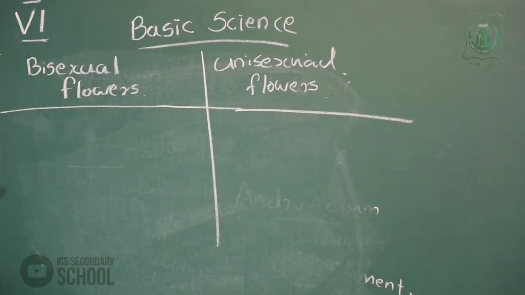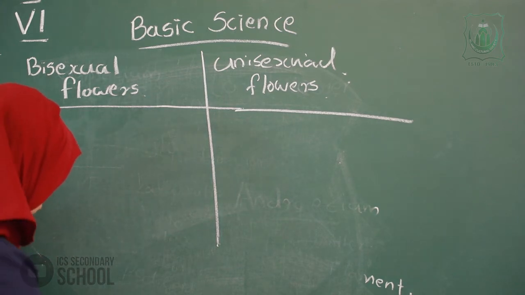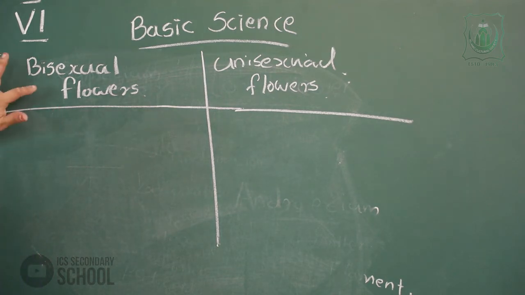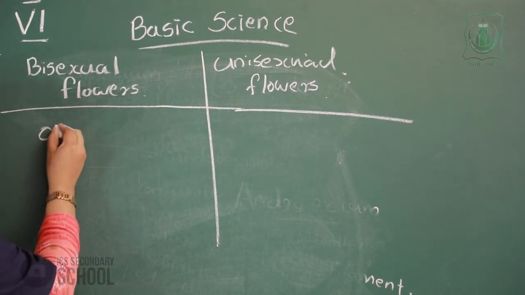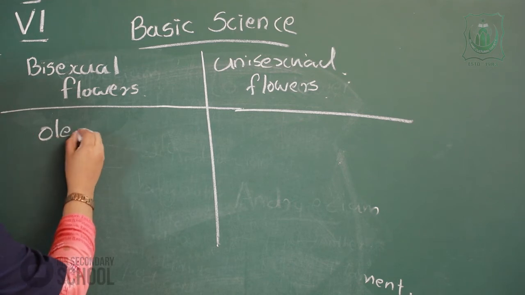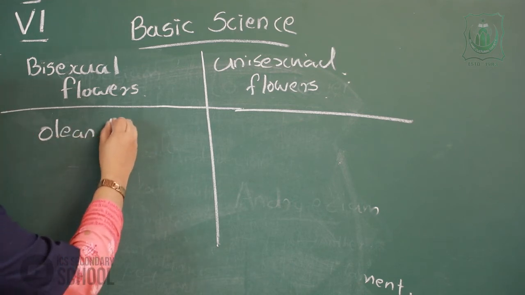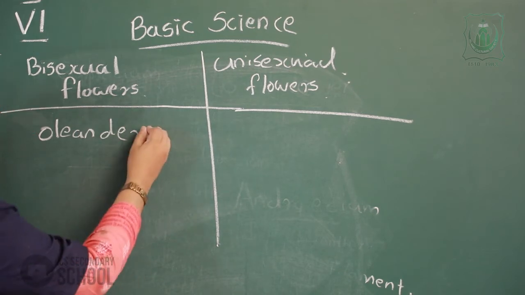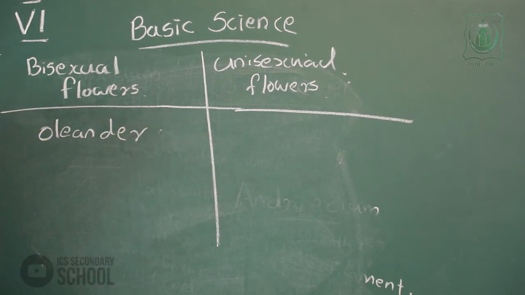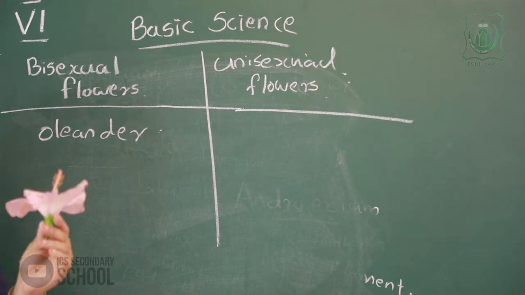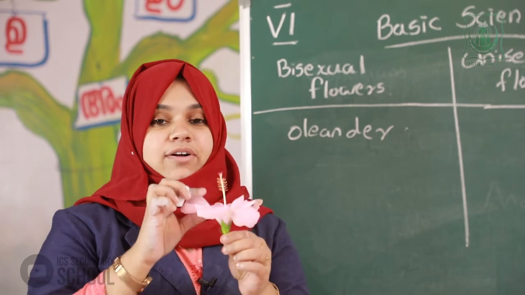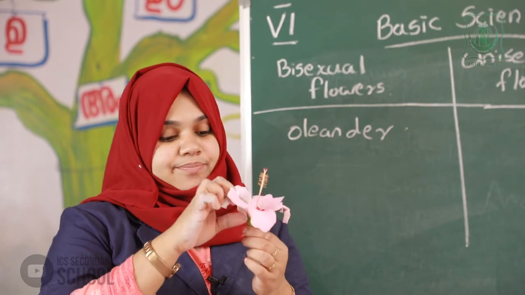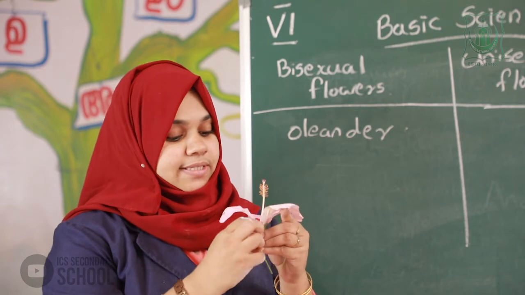Yes, so all of you try to say some examples of this. From your textbook we can see that oleander is a bisexual flower because the oleander flower has both androecium and gynoecium. What is the other one? Yes, in a hibiscus flower also we have androecium and gynoecium.